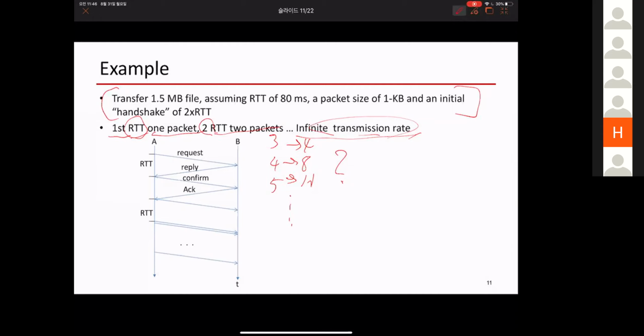Also still solving. Okay, Yeun? Okay, Jung-min? Okay, you're trying. Okay, anyone else?